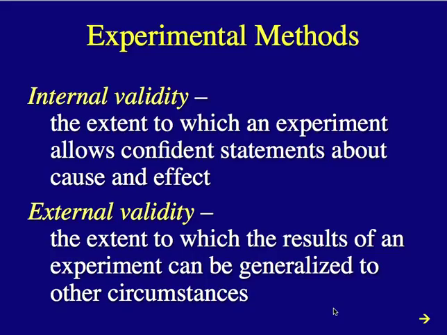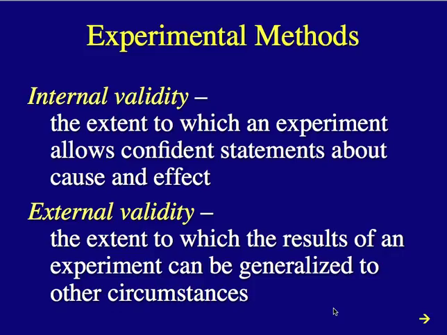So if we were to find, for example, that people who watch a lot of violent TV programming are a little bit more grumpy and argue more with their roommates, and we observed that in the laboratory and felt confident that it could happen in dorm rooms, in family homes, and in bars where people are watching a football game or something like that, that would be saying we have good external validity. We can generalize the results of this experiment to a number of other circumstances that are similar.